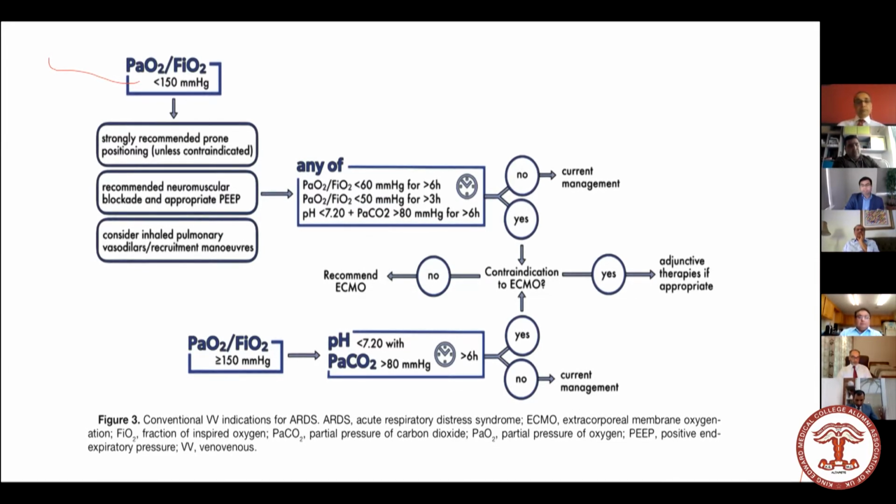If the P/F is less than 150, you optimize medical treatment. And then in spite of that, if the P/F is less than 60 for 6 hours or less than 50 for 3 hours, or the patient is hypercapnic and acidotic, then you look at whether there is a contraindication to ECMO, and if there is none, then ECMO is recommended. And the same thing for CO2 and pH.